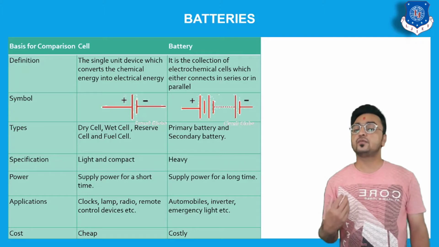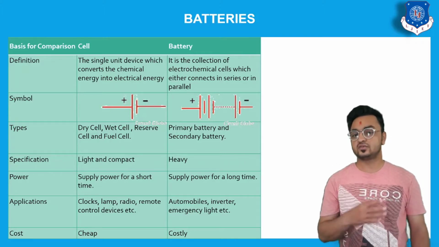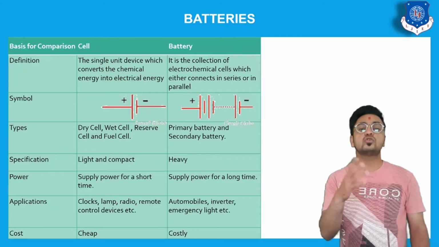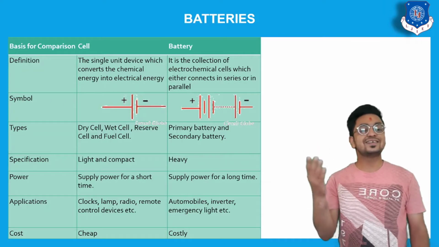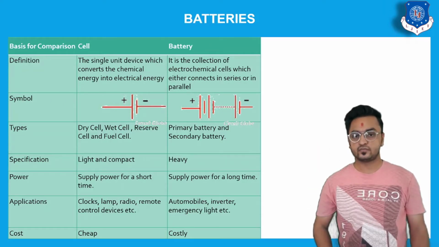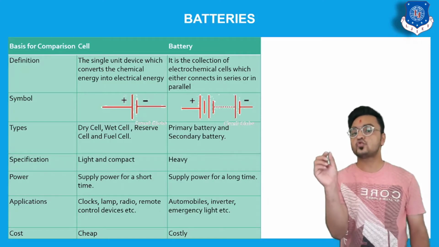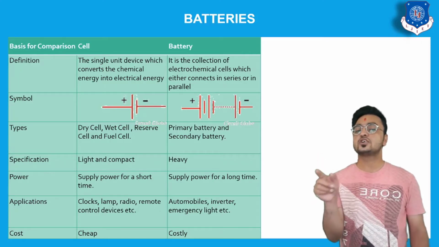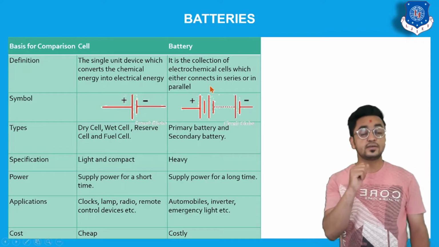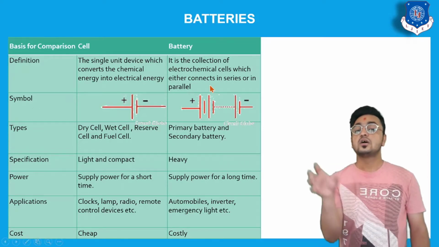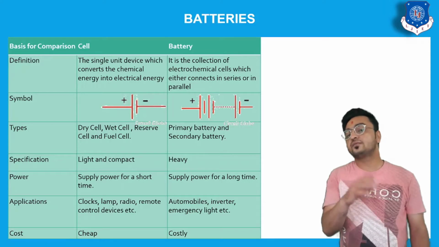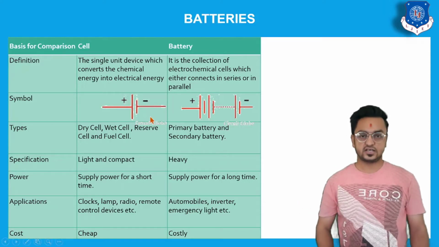And if we want to increase both voltage and current, we can provide both types of connection simultaneously, series as well as parallel. So a cell is an individual portion which converts chemical energy into electrical energy, and a battery is nothing but a combination of various cells in series or maybe parallel connection.